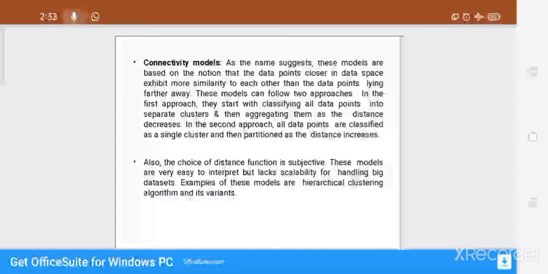In the first approach, they start by classifying all data points into separate clusters and then aggregating them as the distance decreases. In the second approach, all data points are classified as a single cluster and then partitioned as the distance increases. Also, the choice of distance function is subjective. These models are very easy to interpret but lack scalability for handling big data sets. It is very difficult to handle big data sets using this model.